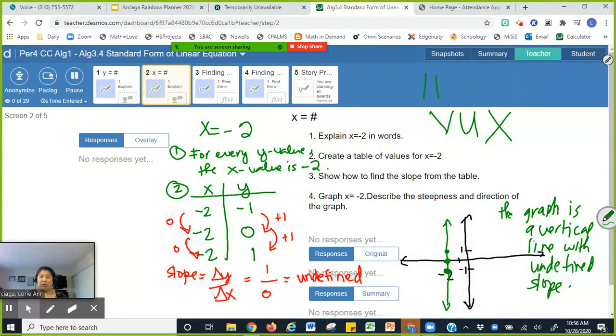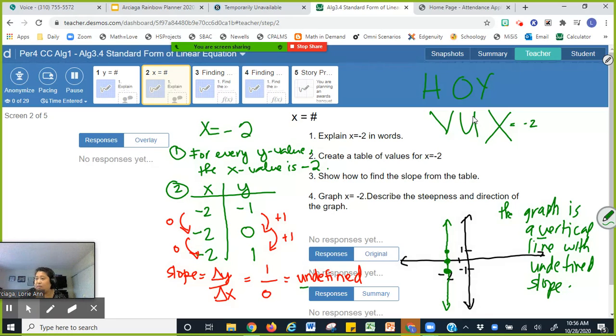Earlier it was HOY, now you got VUX. V for vertical, U for undefined, and X because the equation is x equal to something, like x is equal to -2. Normally students get it wrong. I give them y equal to something and then they graph it vertically. So make sure you know when it's vertical and when it's horizontal. Questions about this?